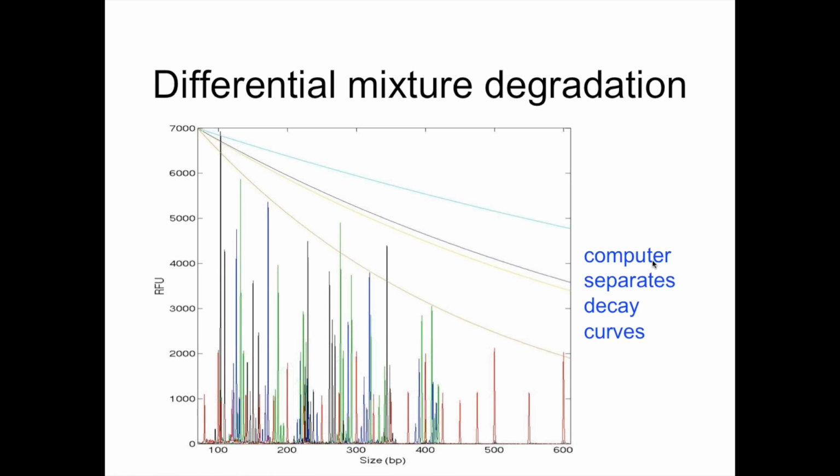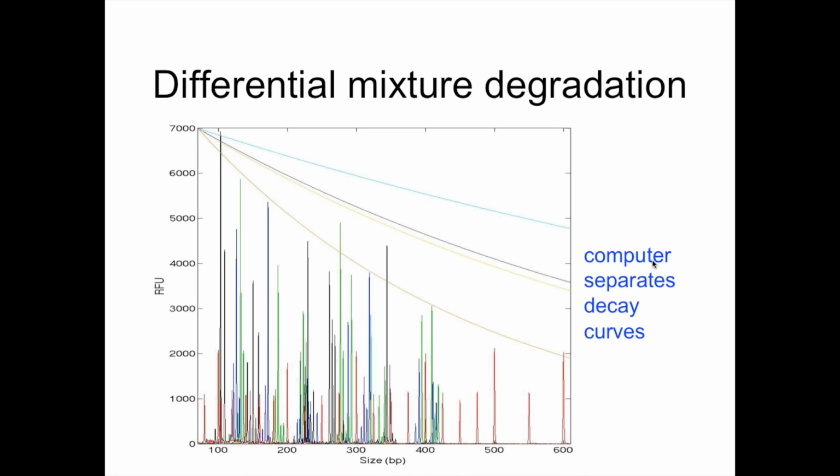Now, of most important interest in interpreting DNA evidence is differential mixture degradation. That is, each contributor may have a different amount of decay. Its factor can be different based on the contributor and how broken down or degraded each contributor is. So in this picture, what we see is a 4-contributor mixture where the TrueAllele computer has separated the decay curves.